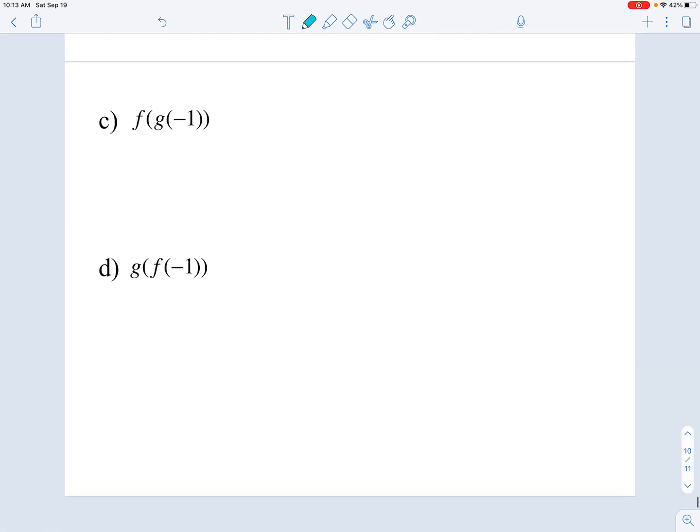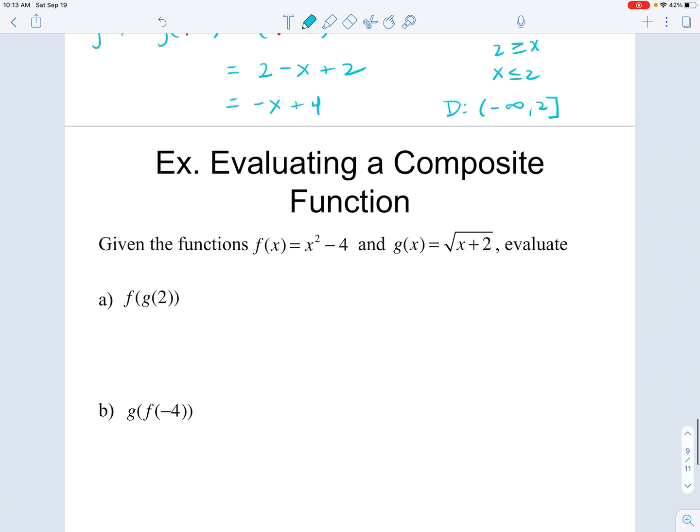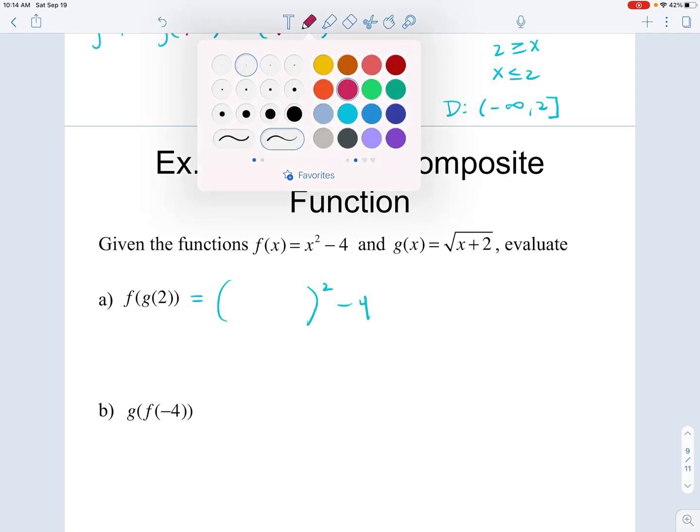Okay, and then just a little bit of practice evaluating a composite function. So if we want to evaluate f composed with g at 2, well, f is going to be the outside function. g would be the inside function.